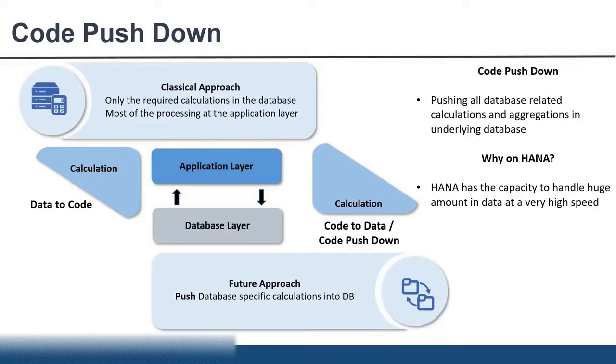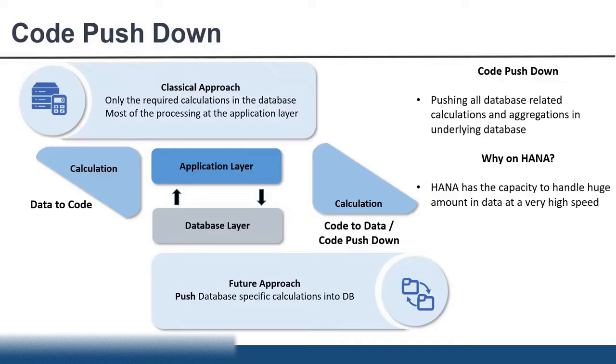When you were using any other classical database, those databases didn't have this capacity to handle huge amount of data with a very high speed, and that is why you used to pull the data into internal table, and there you used to do further calculations. Now the scenario has changed. Now your database is very powerful. It can handle huge amount of data with a very high speed, and in order to leverage this feature of HANA, you have to use code push down on top of HANA.